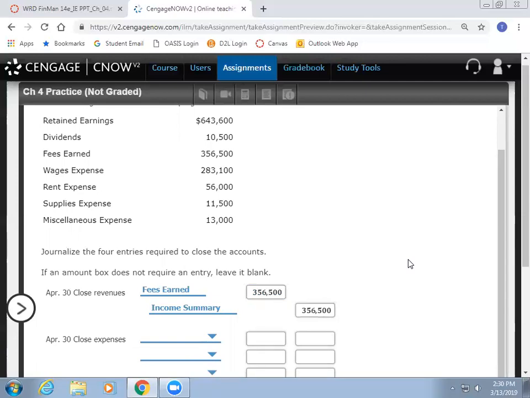In this example, we would need to add them up. But in general, you would have all your totals, which makes life easier. Great question. So I'm just going to credit each of these, just their balance. And again, the more expenses you have, the more lengthy this process is.